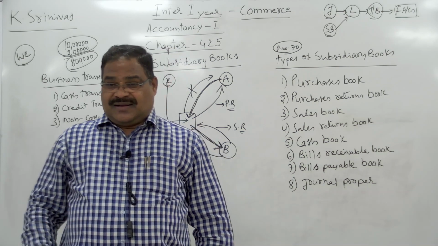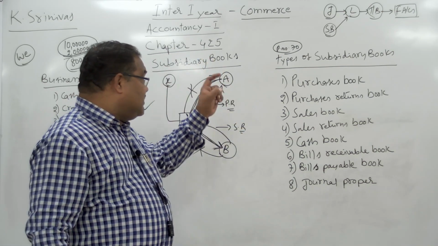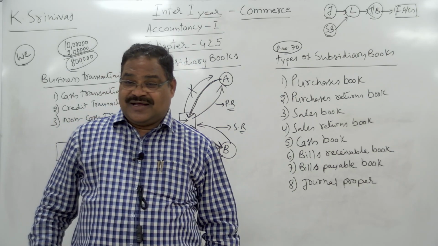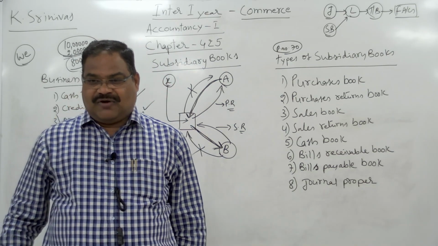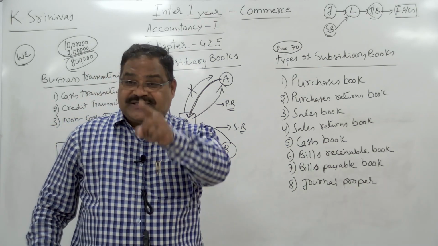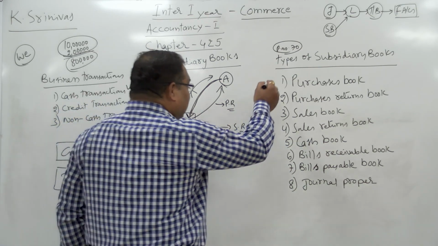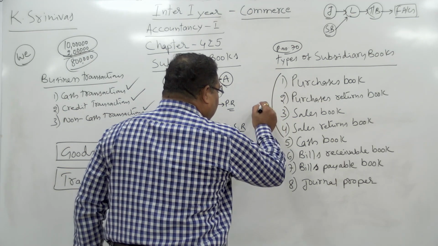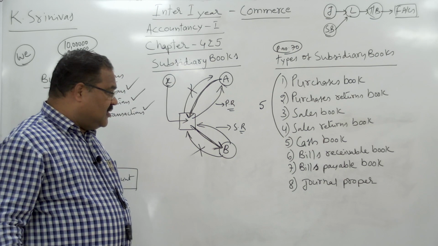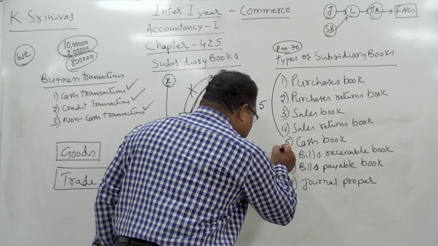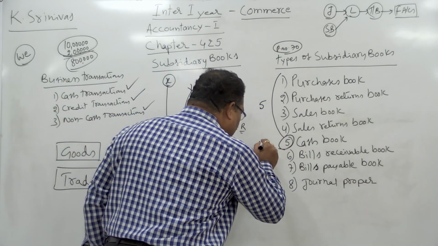Students, the topic which I have taken here, subsidiary books, the minimum weightage is 19 marks. 19 compulsorily. I will show you very clearly. Out of these 4, you will be getting 1 question for 5 marks. And this cash only 10 plus 2.